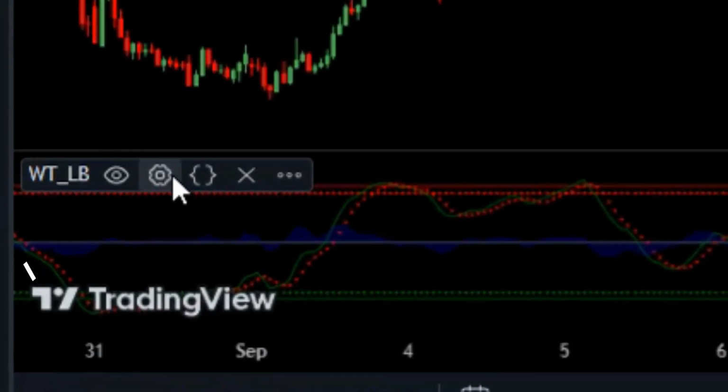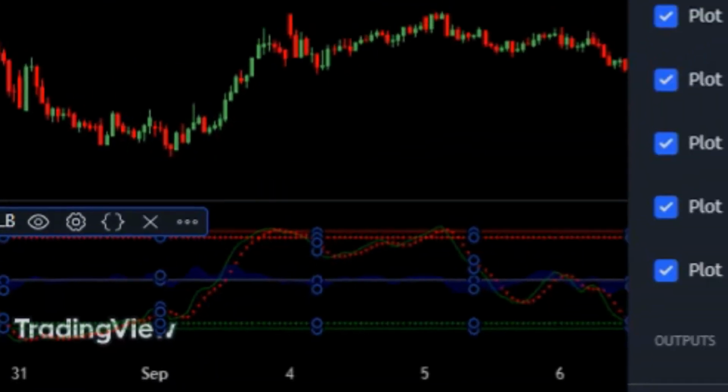To make it work like a charm, let's fine-tune the indicator settings.